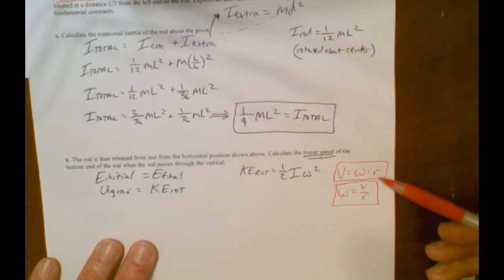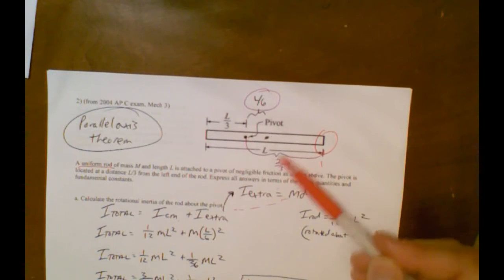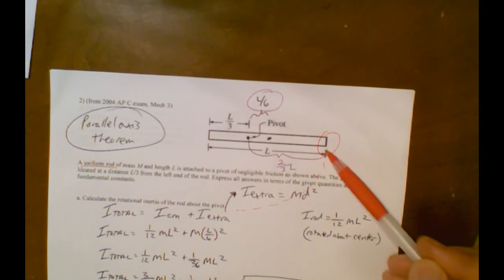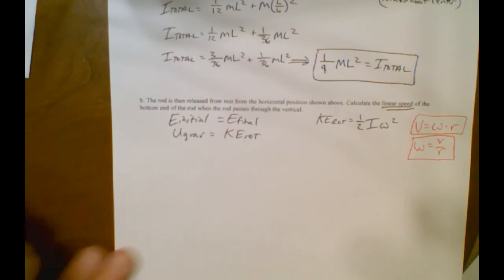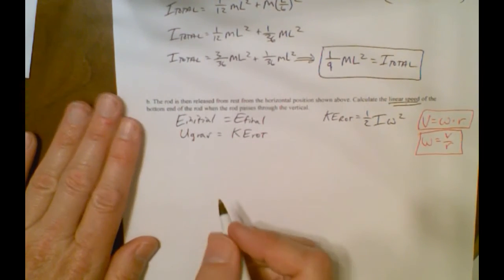And this is what I was mentioning up here. This distance, this radius, is the radius from the axis of rotation. Well, that axis of rotation is this distance, 2/3 L, from the end of the rod. So that's going to be a little bit sneaky. So I'm going to worry about that at the end. I'm not thinking about that right now.